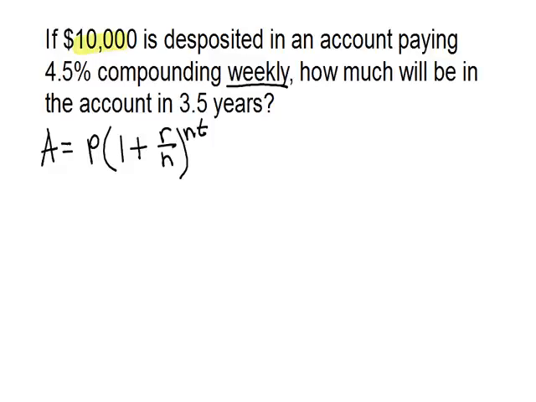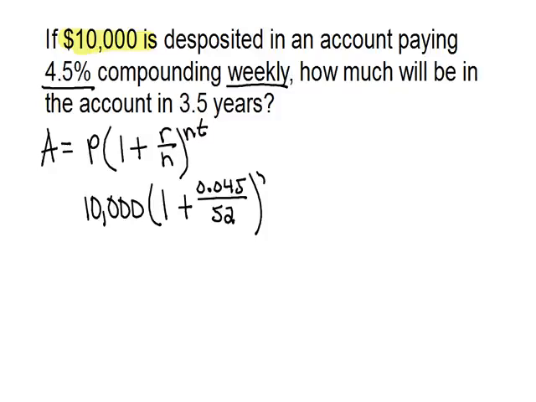We deposited the $10,000, so that's going to be our P. It says it's a 4.5% account, so that's 0.045 for R. Compounding weekly, so that N is the number of times it compounds in a year. When we see weekly, we're going to go with 52 for 52 weeks in a year. And then N again on the outside, so that's 52, times 3.5 years.